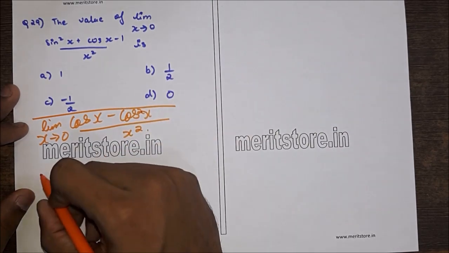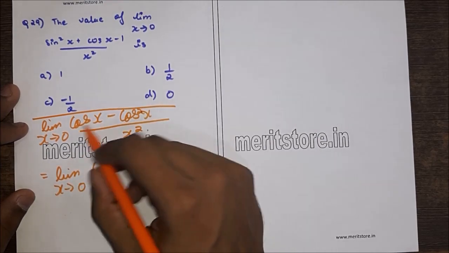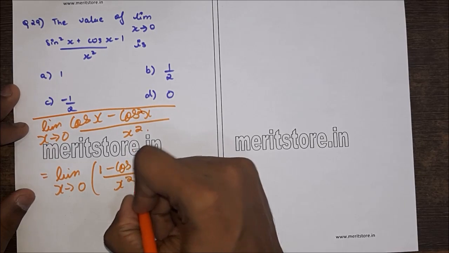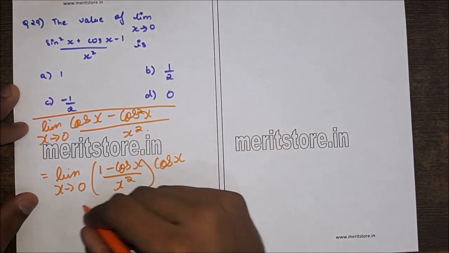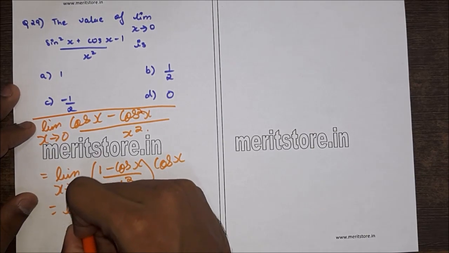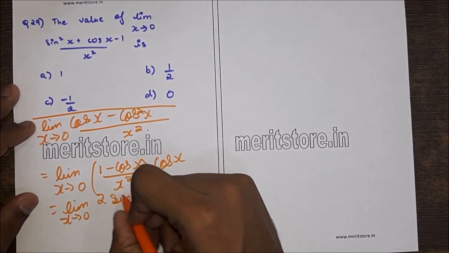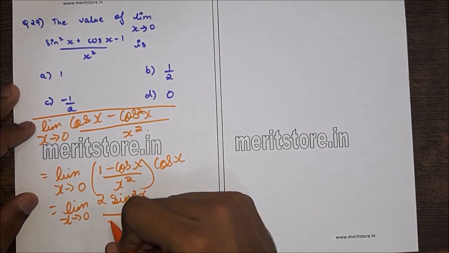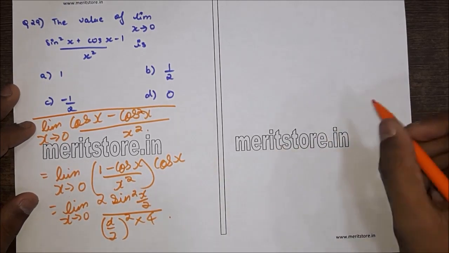Now we have limit of x tends to 0, and this would be 1 minus cos x upon x square, and take cos x out. Now that equals limit of x tends to 0, 2 sine square x by 2, by using the formula, upon x by 2 the whole square into 4.